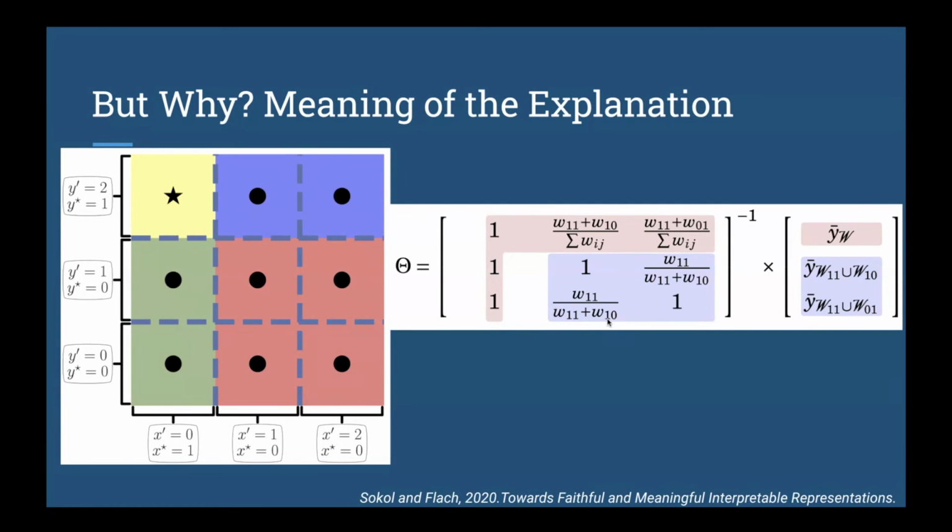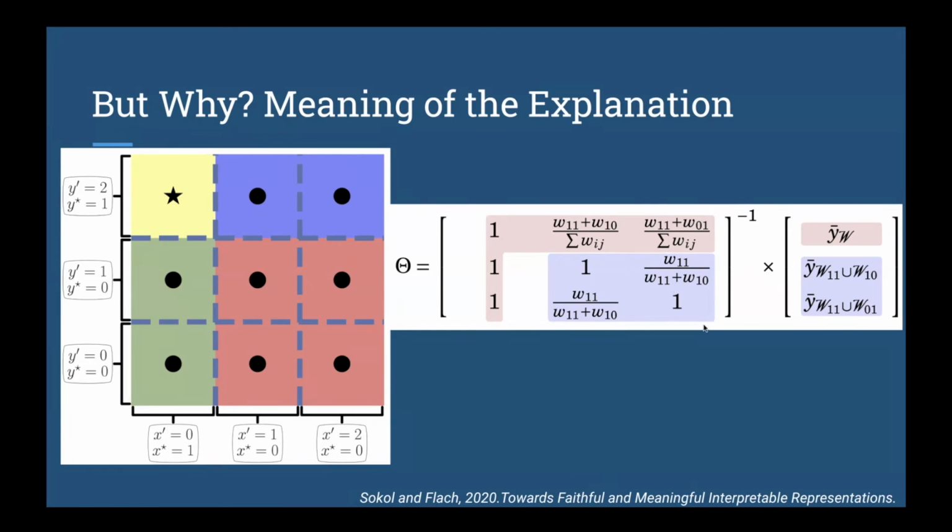And W01 would be the number of points that you sample in the blue only region. And then the Y bar would be the average prediction in regions both 1, 1 and 1, 0, so in the entire row here. And 1, 1, 0, 1 would be in the entire column. No, the opposite way. So 1, 1, 1, 0 would be the entire column, and 1, 1, 0, 1 would be the entire row. So what's the average prediction in this row?